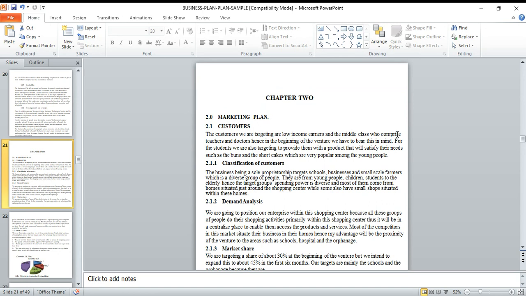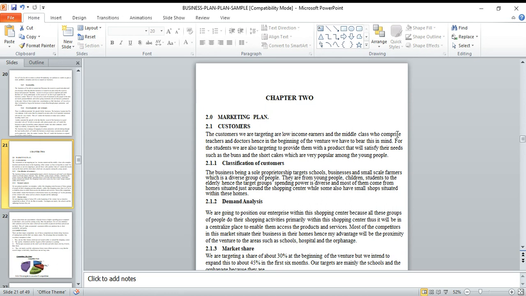Then classification of customers. The business, being a sole proprietor, targets schools, businesses, and small-scale farmers, which is a diverse group of people. They are from young people, children, students, to the elderly.